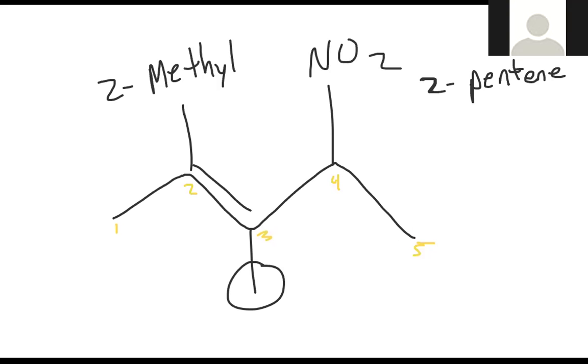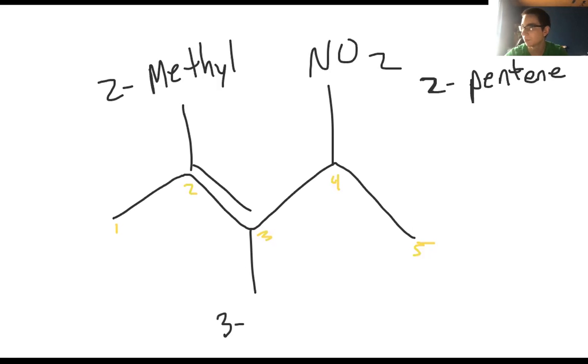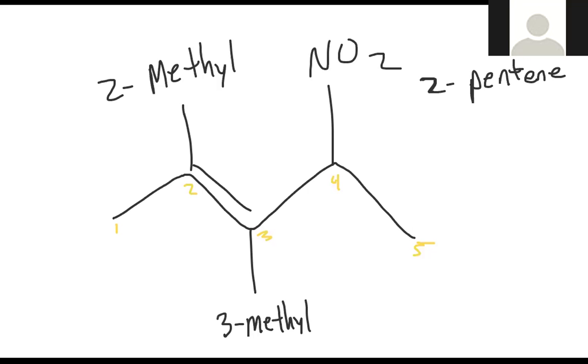Methyl. 3 methyl. And what about that NO2? What is that called? Does anybody know? Nitro. And which one is that one on? That one's on 4. Correct. So 4 nitro.